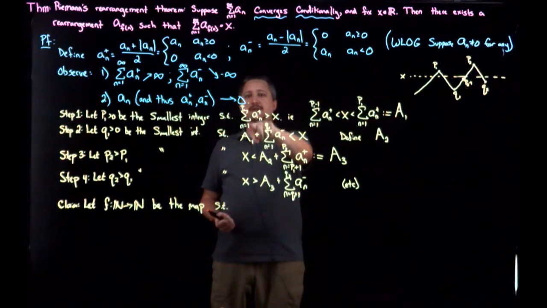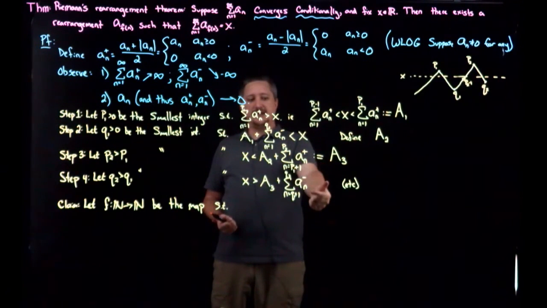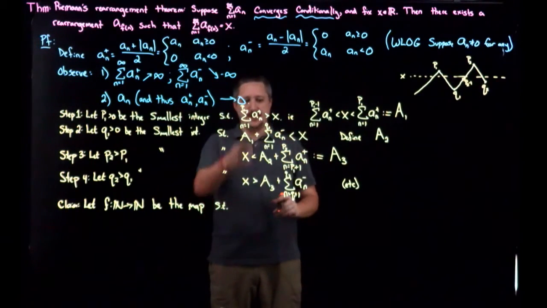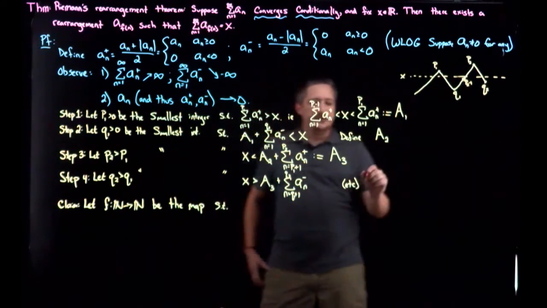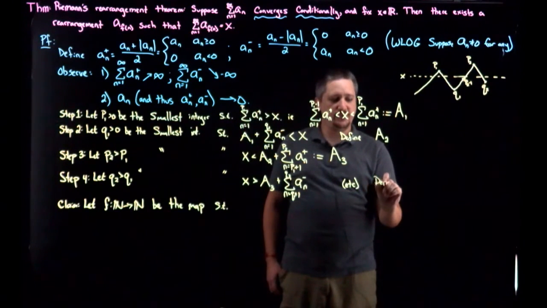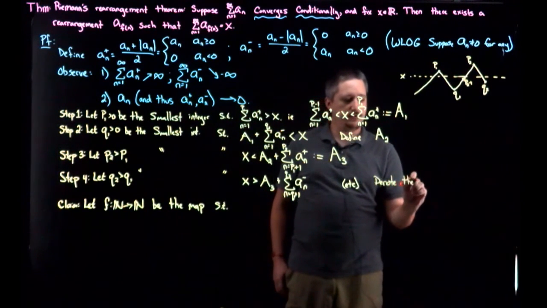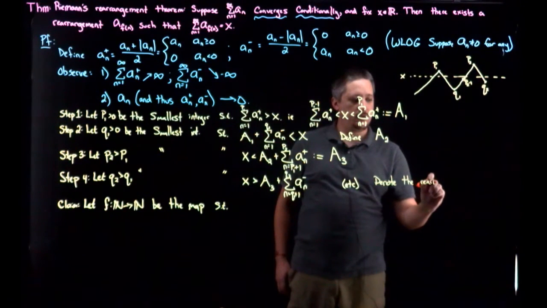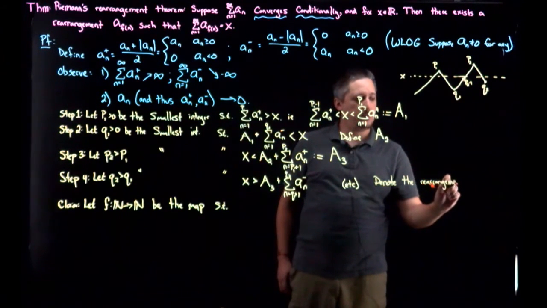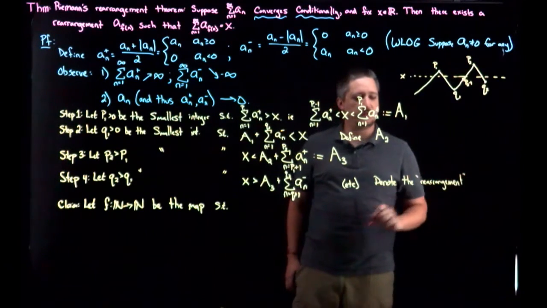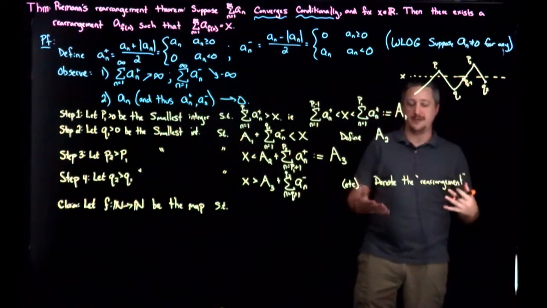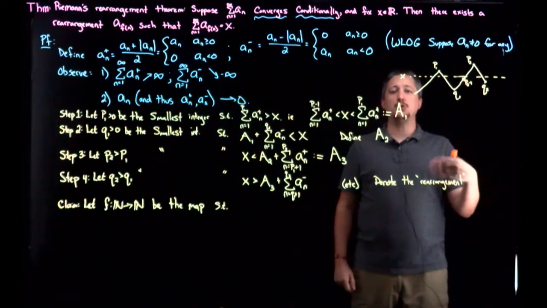So I add from 1 to P1 of an plus, then I add m1 to q1 of an minus, then the next up to P2, from P1 plus 1 to P2, an plus terms again, then these, right, so I'm oscillating which ones I am doing. So if I denote the new series I get, denote the rearrangement, and I'm going to put this in quotes, because I don't necessarily mean rearrangement in the sense that I know this is bijective, I'm about to show that. So by rearrangement, I mean colloquially.